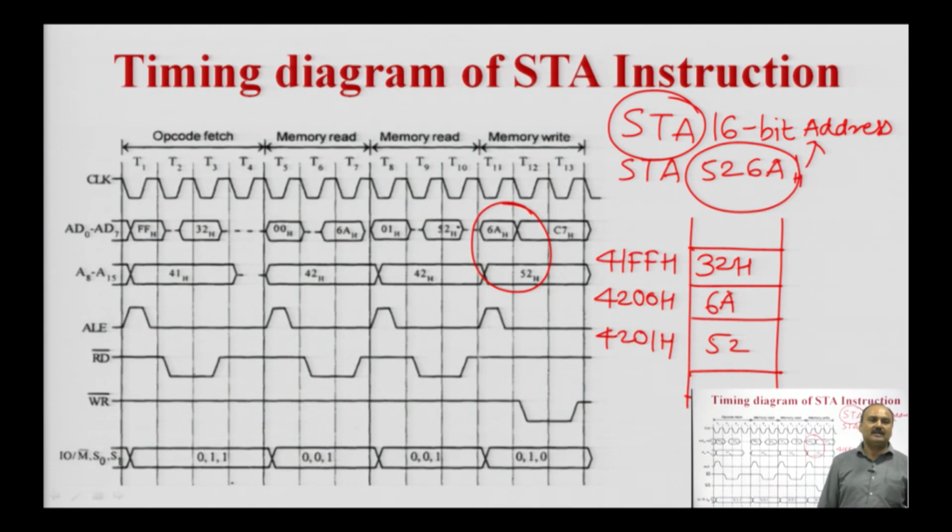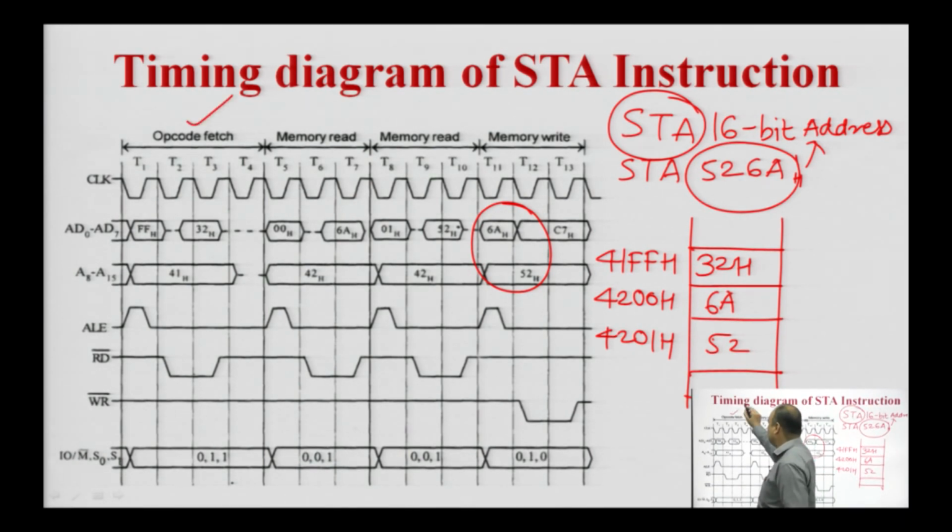52. So, whenever the microprocessor executes this instruction STA, it will store the content of the accumulator into the memory location having address 526AH. For this particular operation, storing the content of the accumulator into the memory location, the processor is required to execute a total of 4 machine cycles.